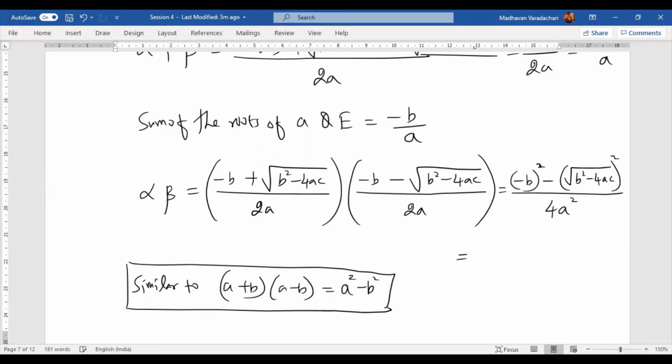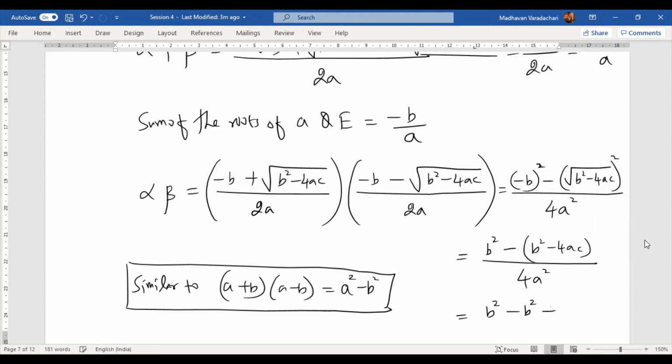Now, minus b the square will become b square, minus of... here a square root is there, and I am squaring it, which means the square root will vanish. So it is b square minus of b square minus 4ac, by 4a square. What is the numerator now? It is b square minus, if I take it inside, minus b square.